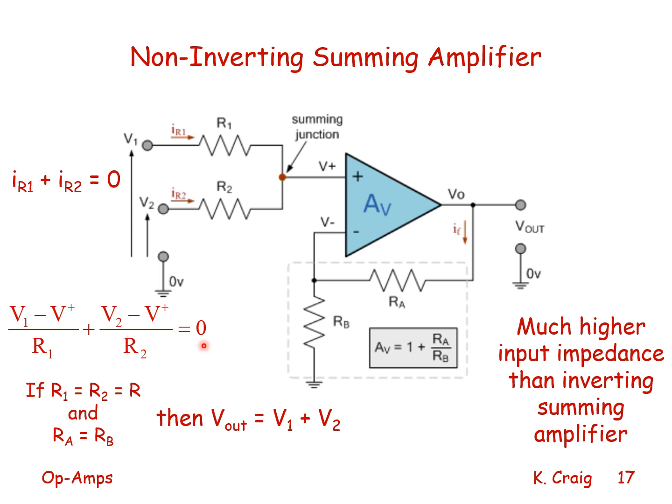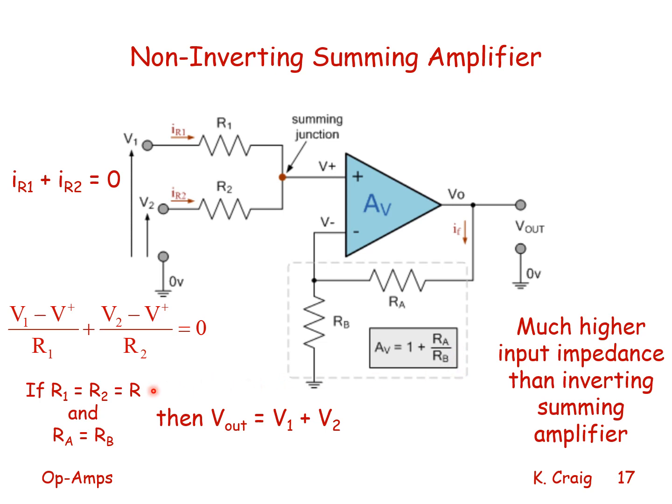As this is an ideal op amp, V plus is the same as V minus, and the resistors RA and RB form a voltage divider, where the gain of the op amp is 1 plus RA over RB.